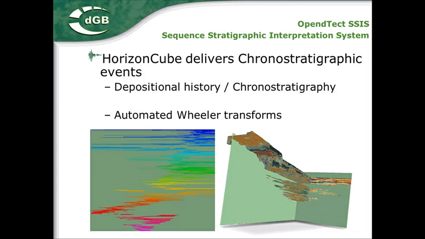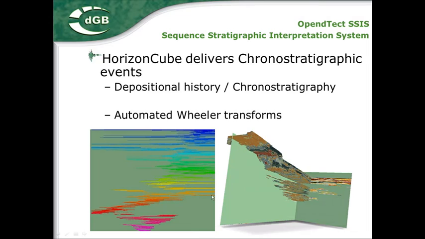On the left we see a two-dimensional Wheeler transform, and basically the vertical axis here represents geologic time, in our case relative geologic time. What we can see in such an image is how far each of my layers has been preserved. And I can also see how the depositional center shifts over geologic time, first going basinwards, then going landwards, then going basinwards.